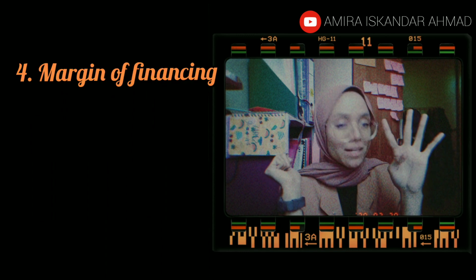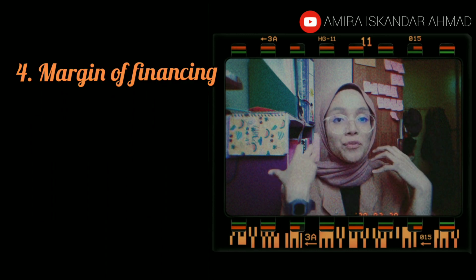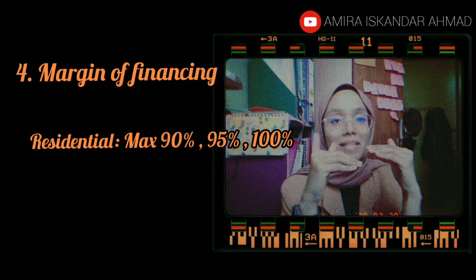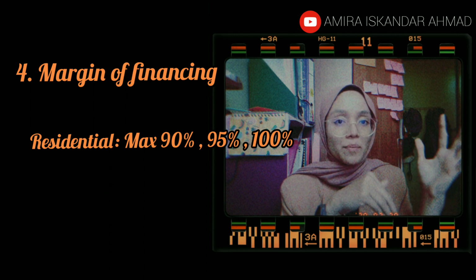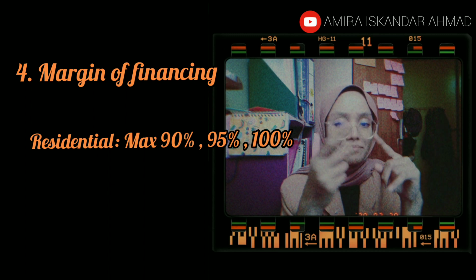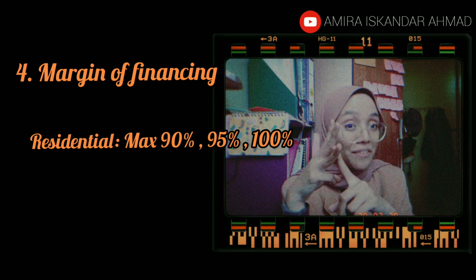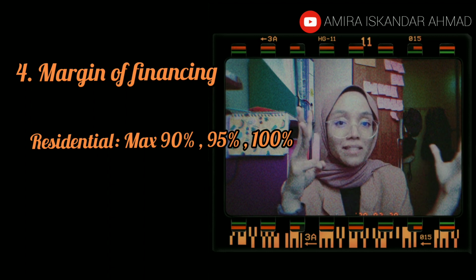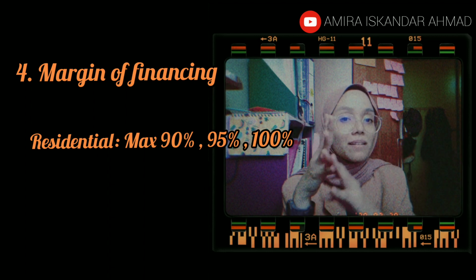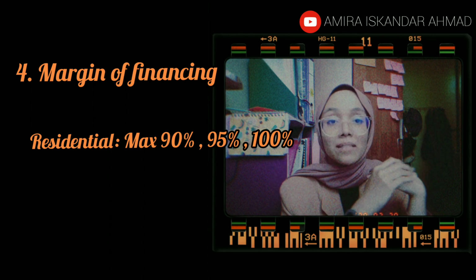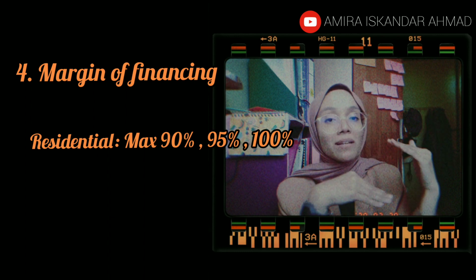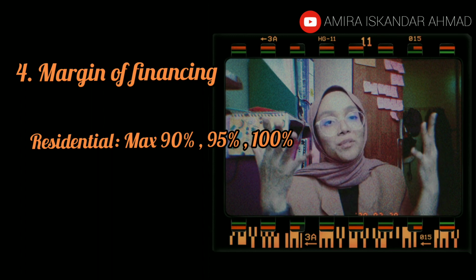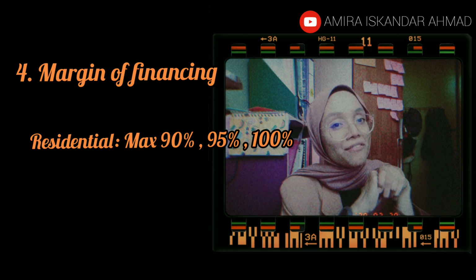Fourth, margin of financing. The bank would give you 90% for a residential property. Normally it's 90%, or 90 plus 5% for the legal fee and stuff, and 100% maximum. Some banks do give 100% maximum depending on their scheme and their mood. Banks too have mood swings.